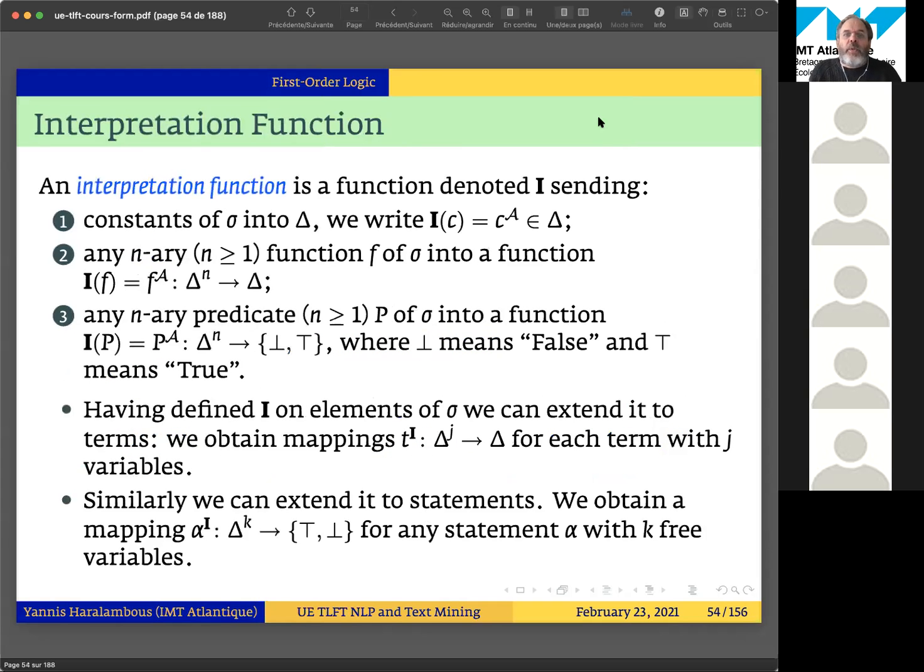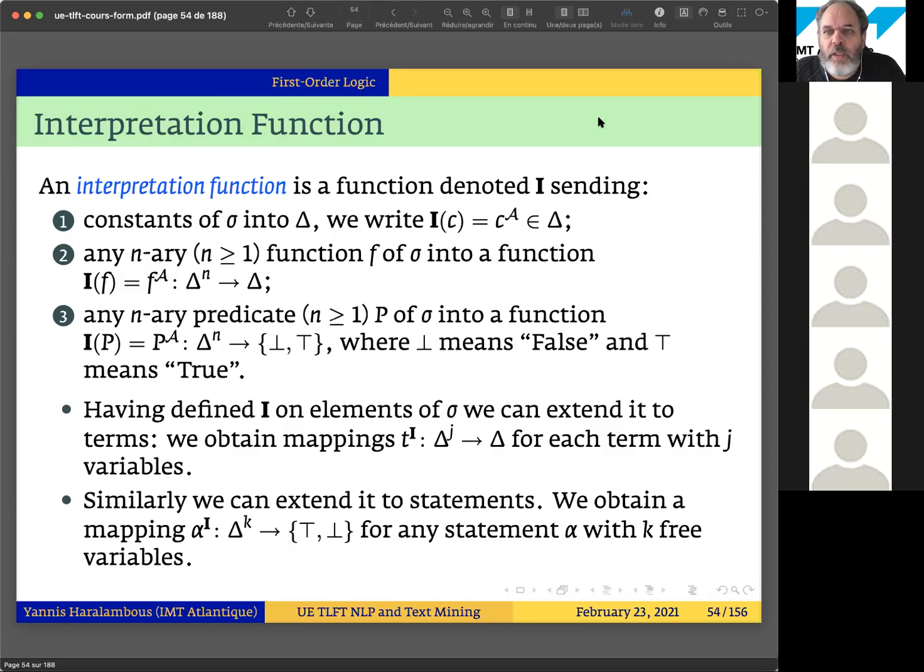So what is an interpretation function? And this is very important to understand how it works. The interpretation function is applied to all ingredients of a formula. For constants, it will send the constant to an element of the domain.